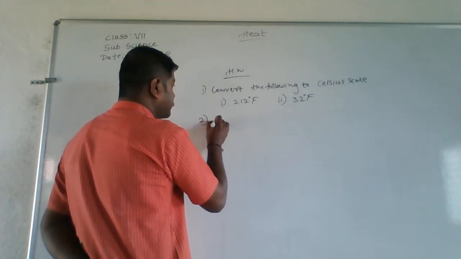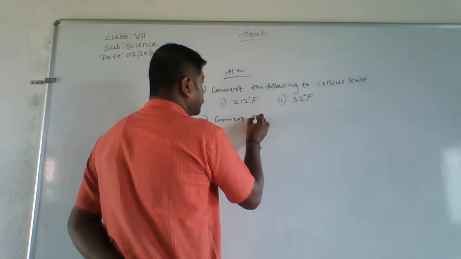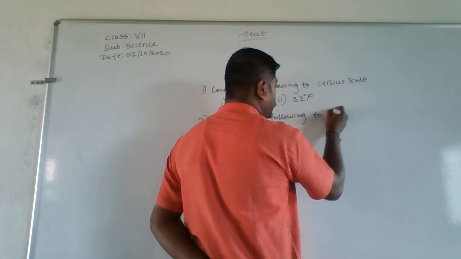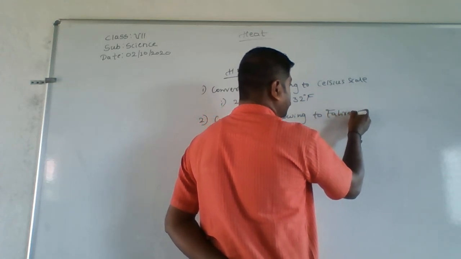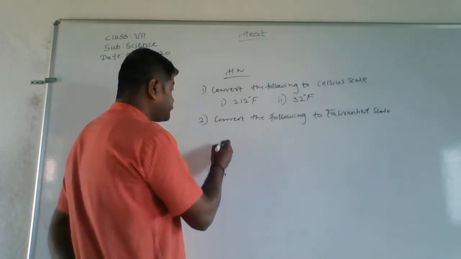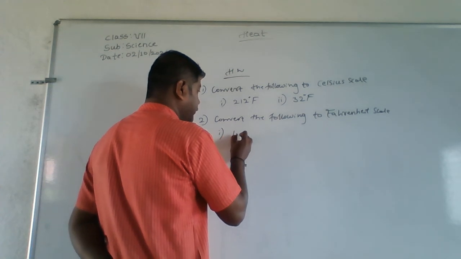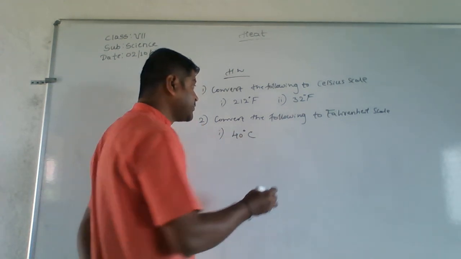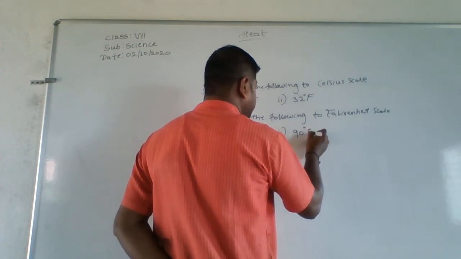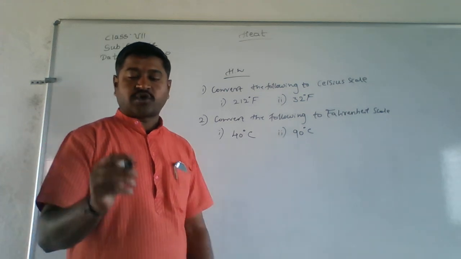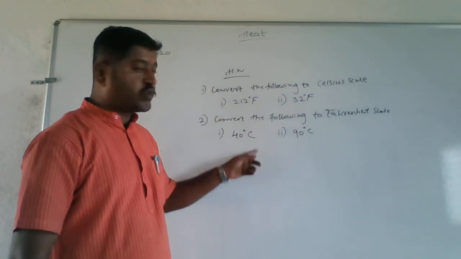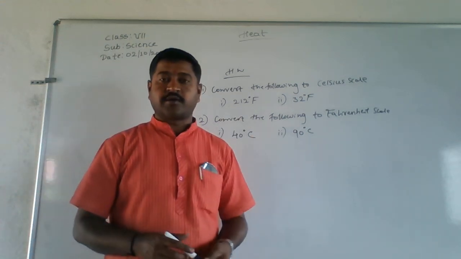And then the second set: convert the following to the Fahrenheit scale. For example, first convert 40 degrees Celsius to Fahrenheit, and second convert 90 degrees Celsius to Fahrenheit scale. This is the homework, right? We have to solve these four problems, two in this and two in this one. So that's all about homework.